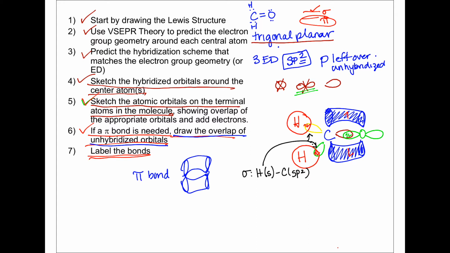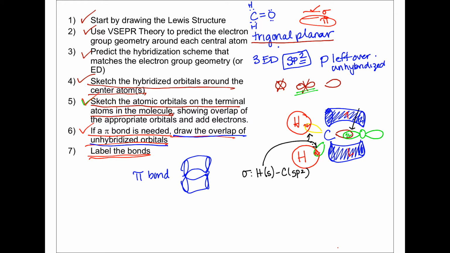And we could have switched these, so you could do the carbon sp2 first if you wanted, but it doesn't really make any difference. You're just saying what overlap we had.